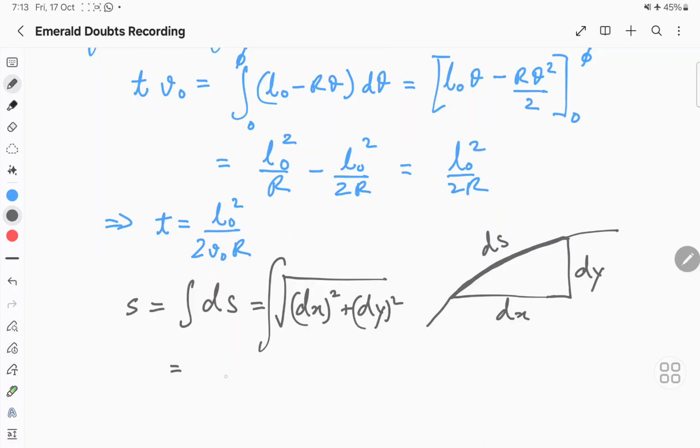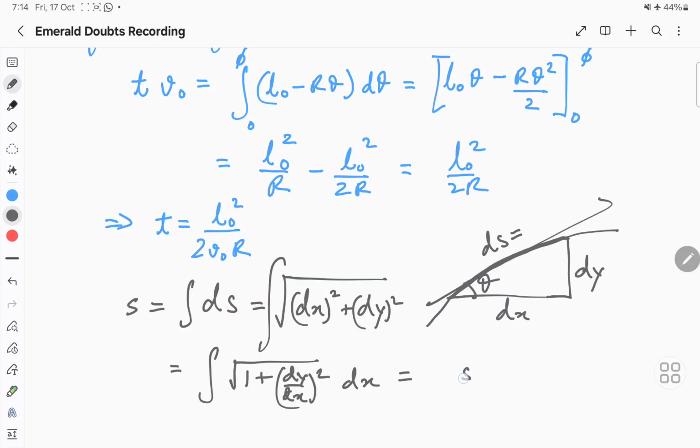If we take dx common, this can be written as under root of 1 plus dy by dx whole square times dx. We can also see that this ds is, suppose we know the slope and that angle is theta, then your ds can also be written as sec theta dx. So integration of sec theta dx.